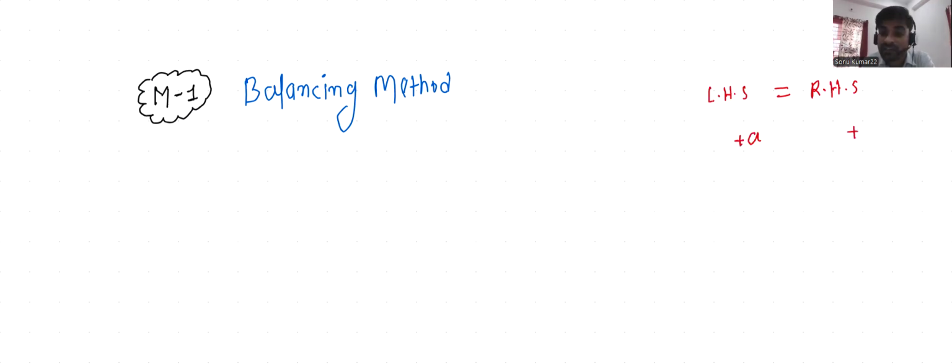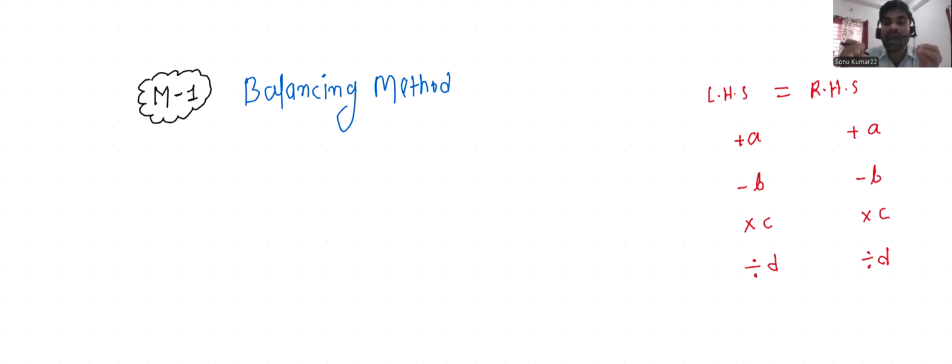If I subtract b from the left hand side, you have to also subtract b from the right hand side. If I multiply the LHS by c, you have to also multiply the RHS by c. If I divide the LHS by d, you have to also divide the RHS by d. If you see carefully, the same operation is performed on both sides.